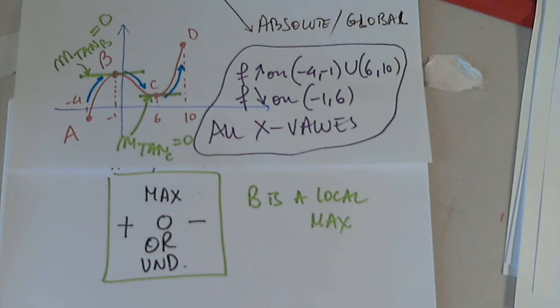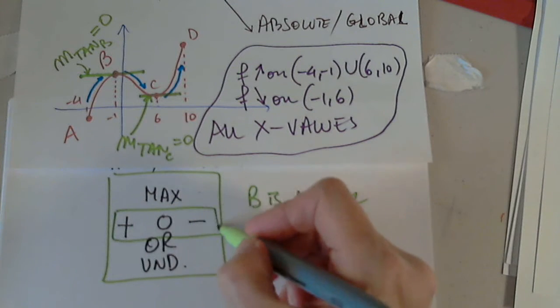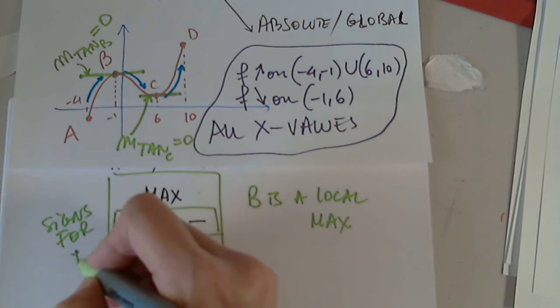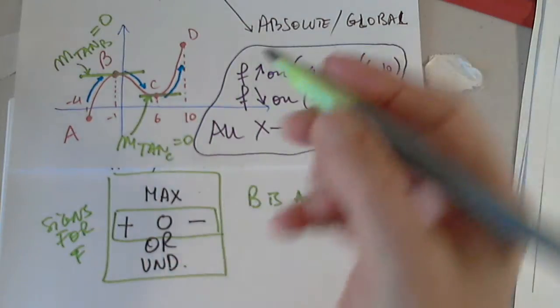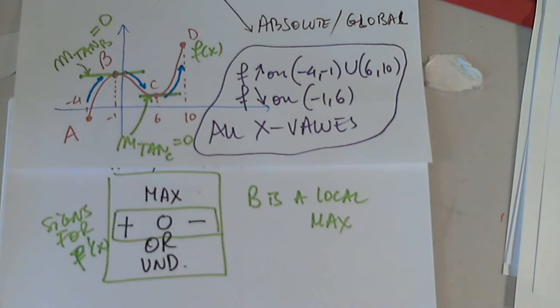Otherwise, this will not be a point of local max. So I'm talking about the signs for f prime of x. These are the signs for f prime of x.